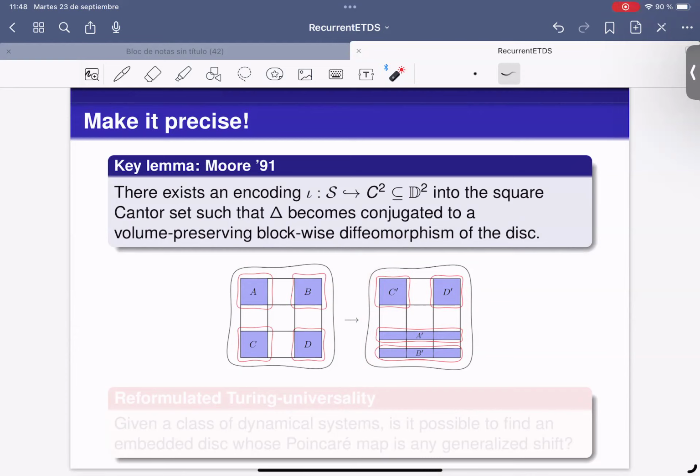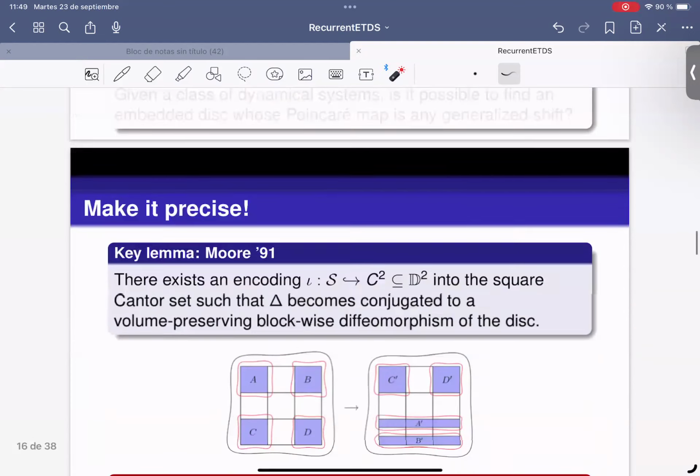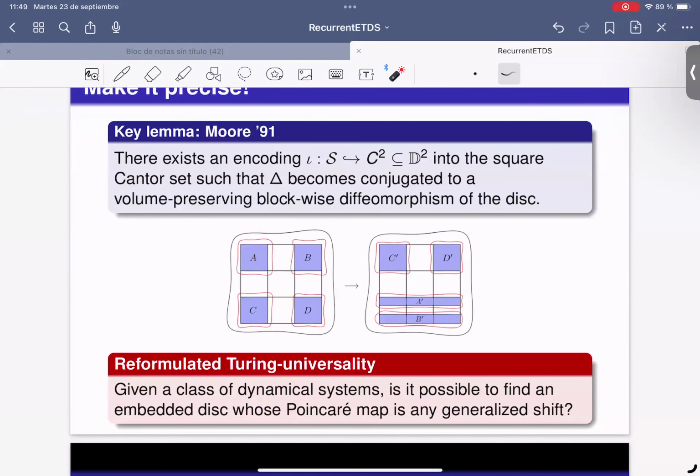It has a finite number of fixed blocks and a finite number of fixed blocks in the image, and it sends the blocks to the blocks, being volume preserving and the identity at the boundary. These are the block-wise diffeomorphisms of the disk. And now the reformulated Turing universality is crystal clear.